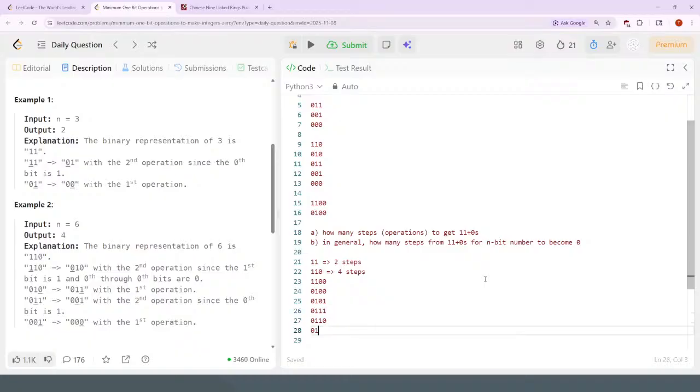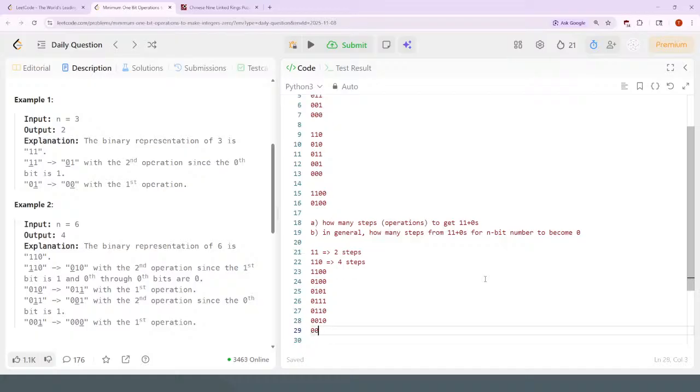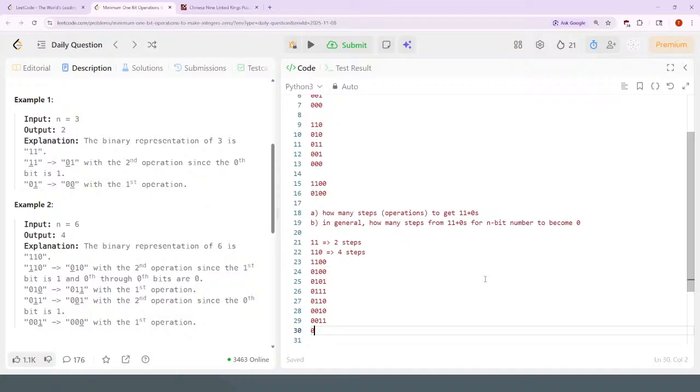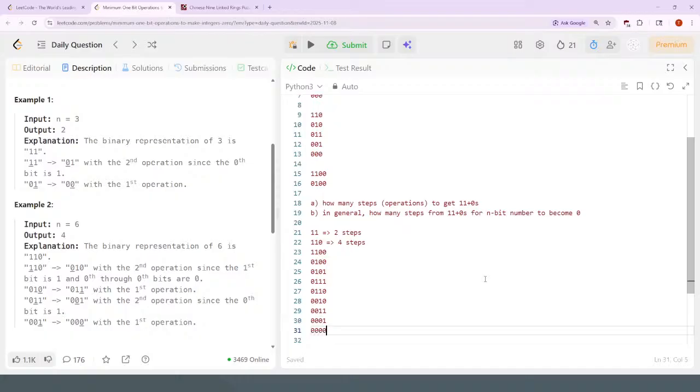And then it becomes 0, 0, 1, 0, 0, 0, 1, 1, 0, 0, 1, 0, 0, 0. 8 steps. 1, 2, 3, 4, 5, 6, 7, 8.